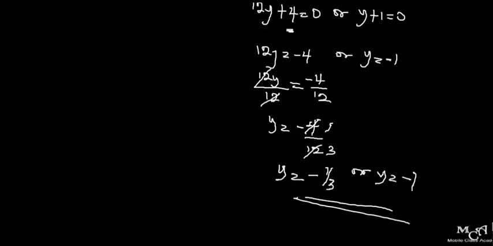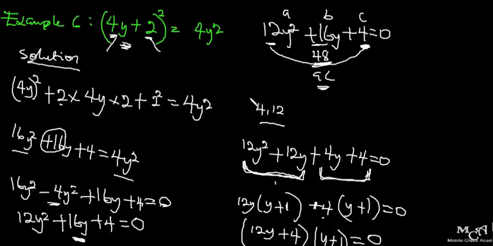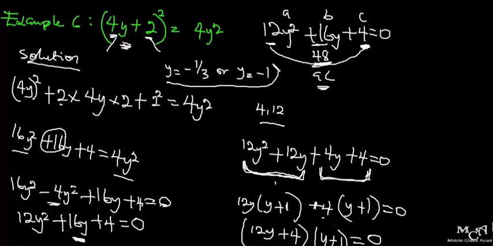So this is the answer to the question above, example 6. Our y equals negative 1 over 3, or y equals negative 1. So these are the answers to the question. If we factorize this and we equate our question to 0, this is what we are going to get.